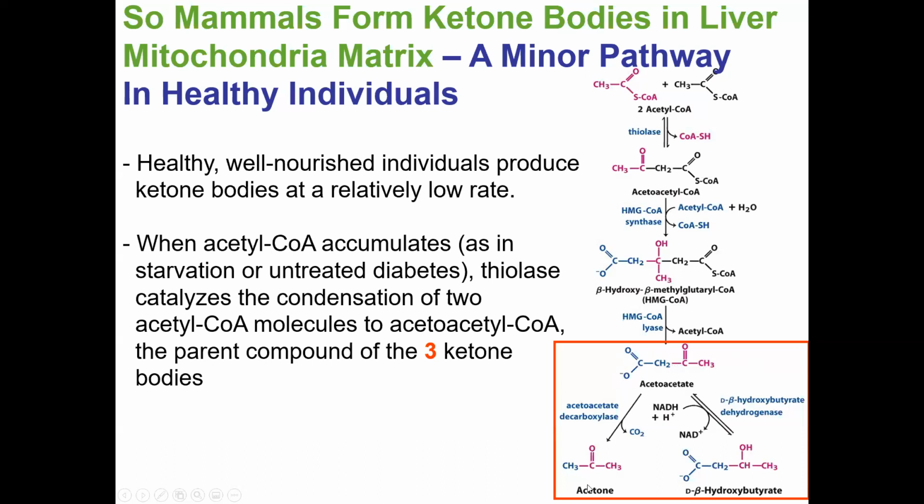Acetone is very volatile. It gets excreted by your urine or by your breath. So if your body is not able to use acetoacetate, you can literally get rid of it by converting it to acetone and carbon dioxide. You can imagine it's a use it or lose it scenario. Either you use acetoacetate or you lose it.